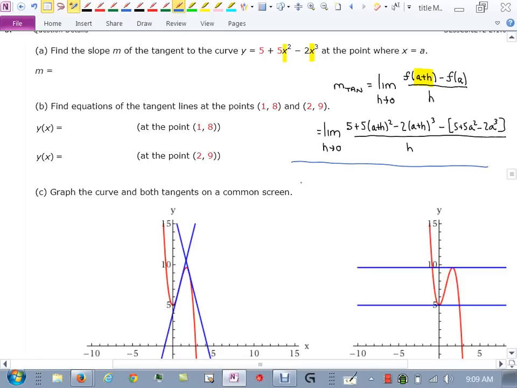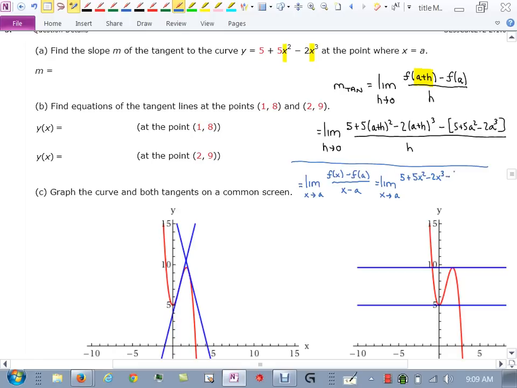The other definition would say that we need to find the limit as x approaches a of f of x minus f of a, all over x minus a. In this case, we would have limit as x approaches a. Now f of x is just what we have up there with x's in it.